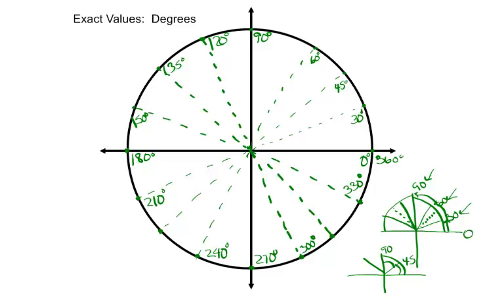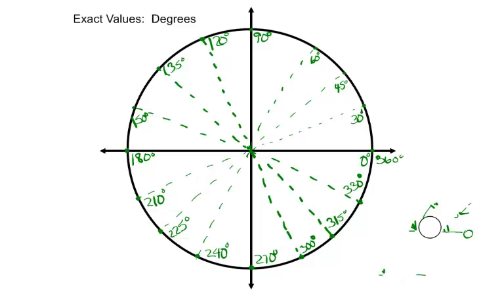Plus another 45 is 225. Another 45 is 270. Another 45 is 315. And the final 45 gets us back to 360. So there is all of the angle measures in degrees for the entire unit circle.